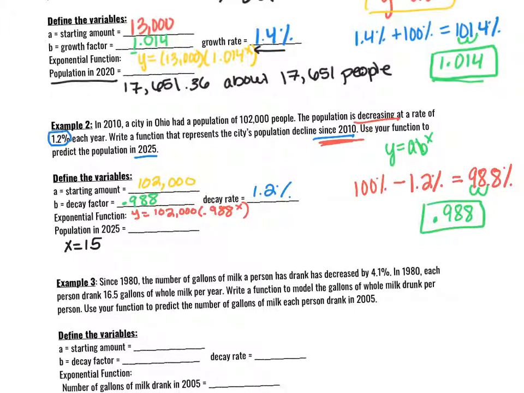So we're talking about 15 years of decay here. So if I put 15 in for this x, I should get right around 85,104.86, which is about 85,105 people.